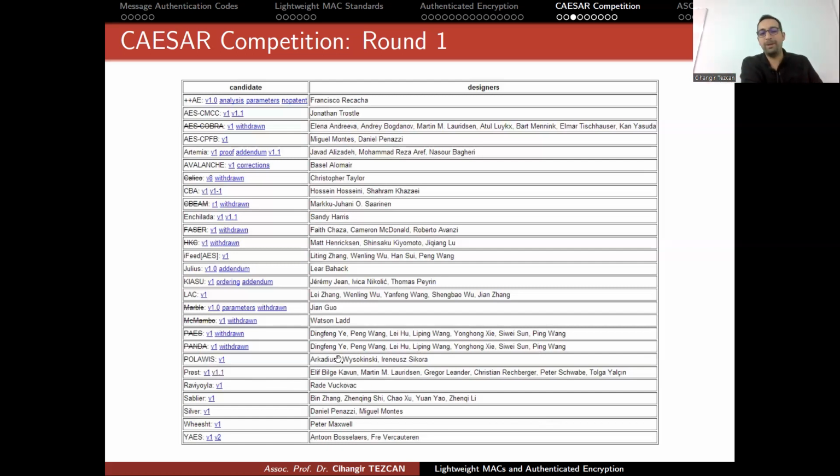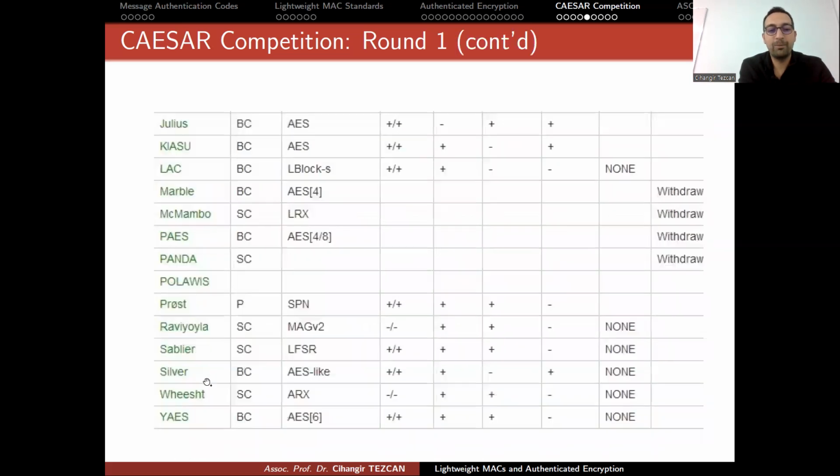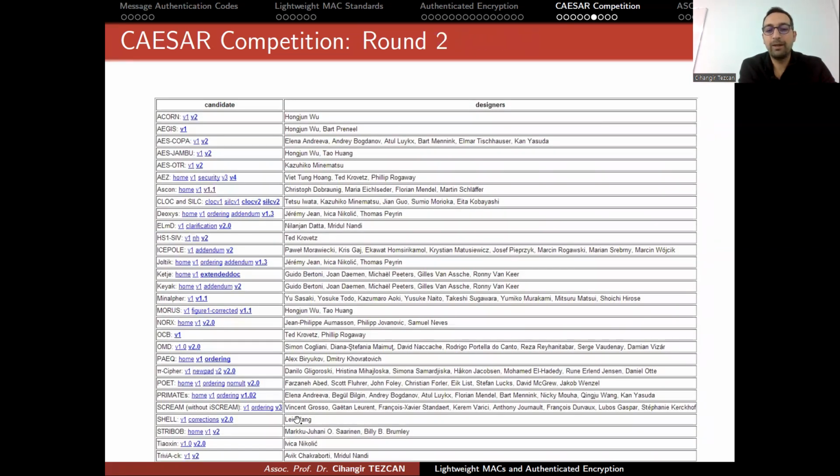Being famous in your area is not a good thing in this kind of competition, because everybody is trying to break your algorithm. In the first round, Prost was broken by the designers of Scream, and the designers of Prost broke these algorithms in round 2. Actually, Leander came up with a new cryptanalysis technique called the invariant subspace attack, applied it to this algorithm, and broke it. This is the nice thing I like about lightweight cryptography: because you are trying to provide security with very few operations, it is easier to come up with new attack types.